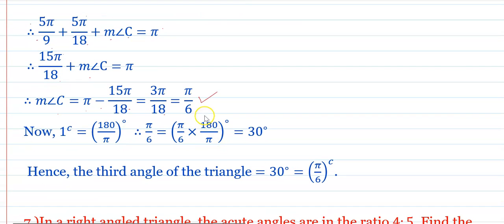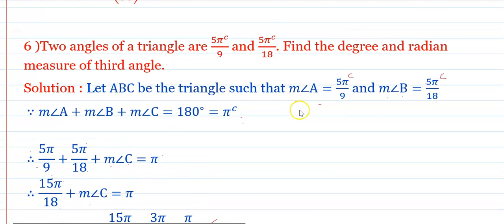Now convert this pi by 6 to the degree, it is in the radian. Therefore pi by 6 into 180 upon pi degree, and if we simplify, then you will get here 30 degree, and hence the measure of angle C in the degree is 30 degree, and in the radian it is pi by 6 radian. Easy questions are there.